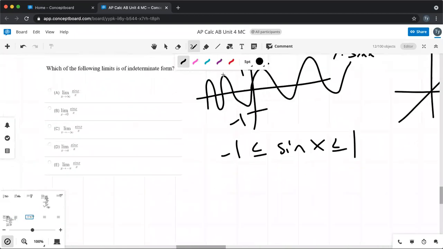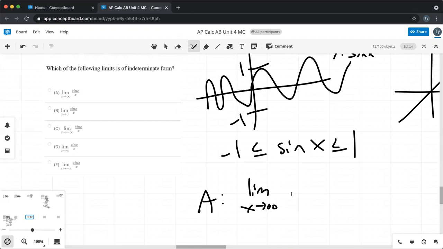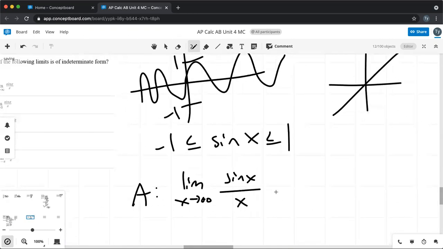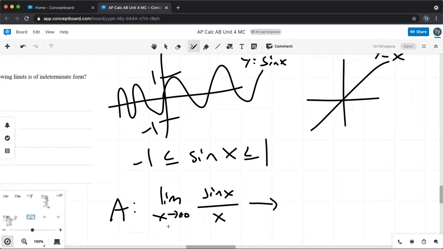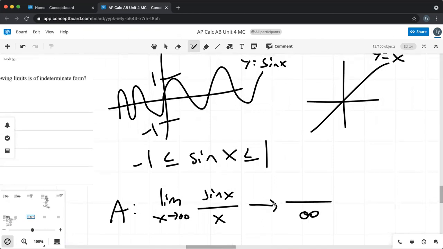Okay, so let's take these one by one and see what happens. So looking at part A, if we have the limit as x approaches infinity of sine x over x, and we use direct evaluation, we can see that this bottom part is going towards infinity as x goes towards infinity. But what about the top part?